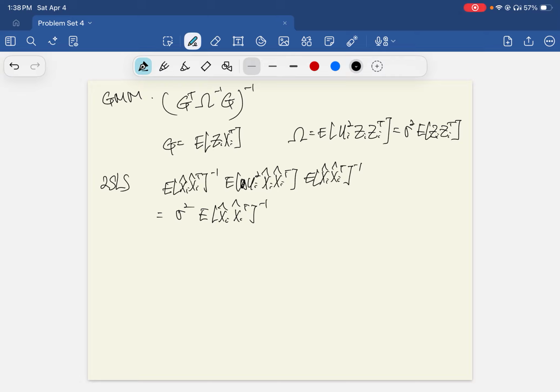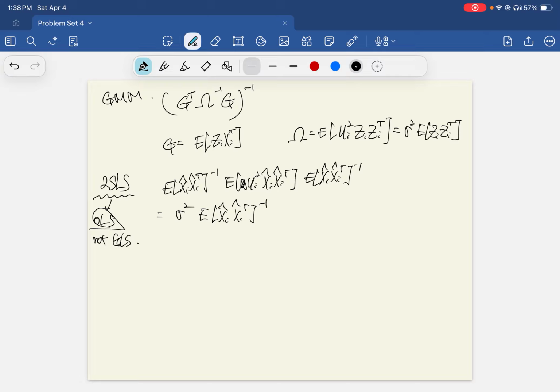Okay. So by the way, they are equal. GMM and the two-stage least squares have the same variance only when the homoscedasticity assumption is assumed, because two-stage least squares uses OLS, not GLS in our setup. So OLS is not optimal, not efficient when the error term is heteroscedastic. So we have to assume homoscedasticity to show the optimality of the two-stage least squares.